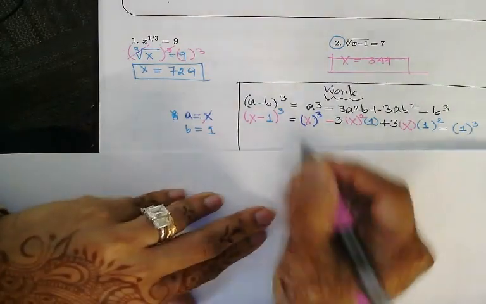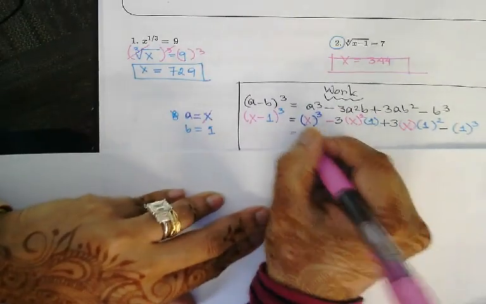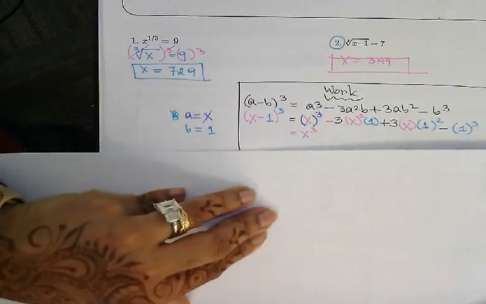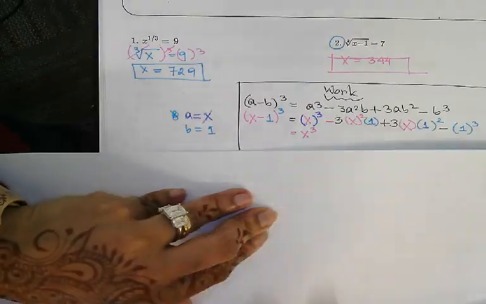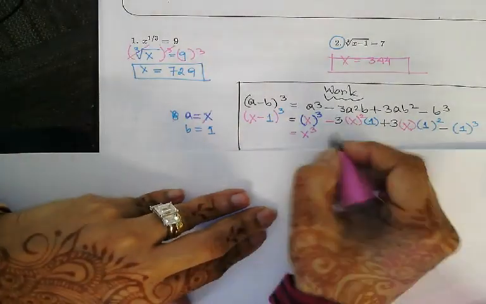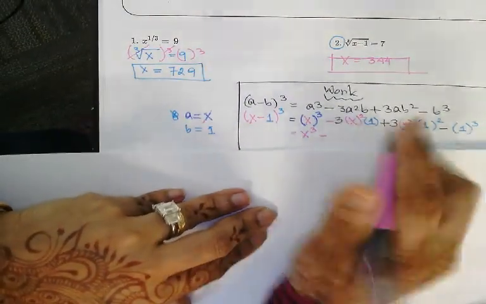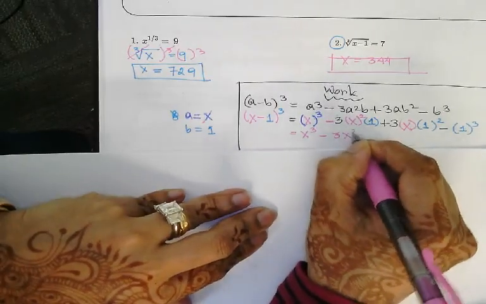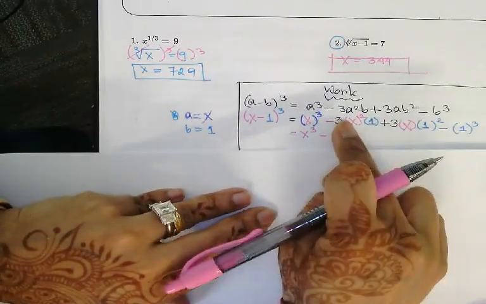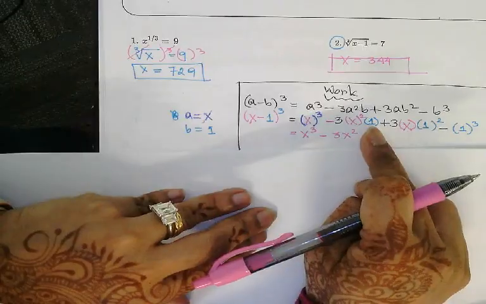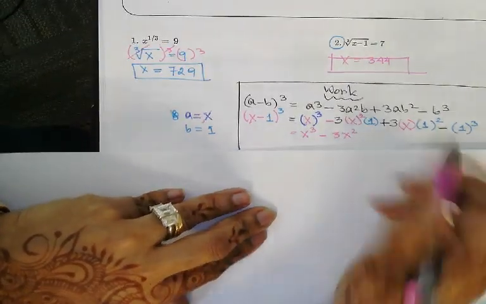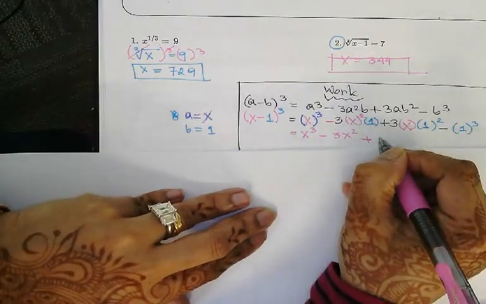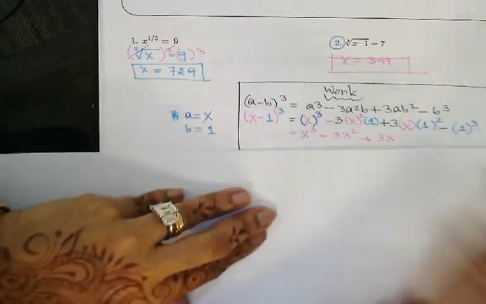So here, this is going to be x cubed. Alright? The next one is going to be minus 3x squared, because we are multiplying x squared times 3 times 1. We good? The next one will be what? 3x, because 1 squared is 1.